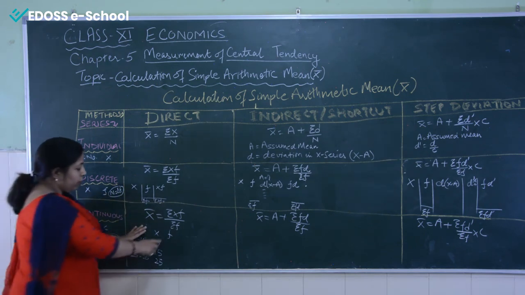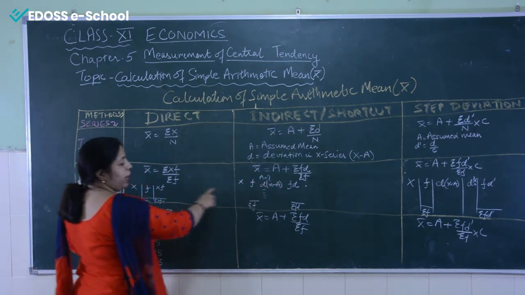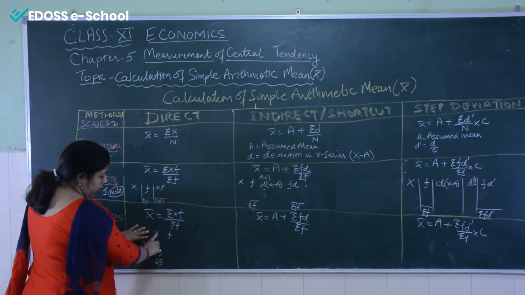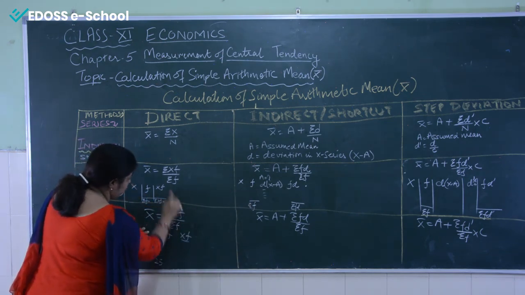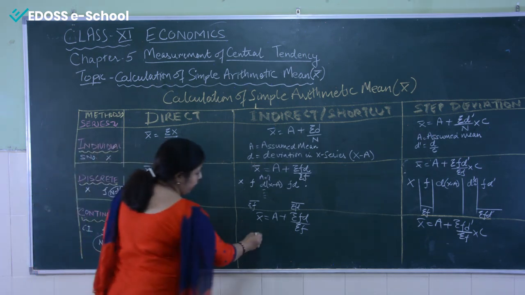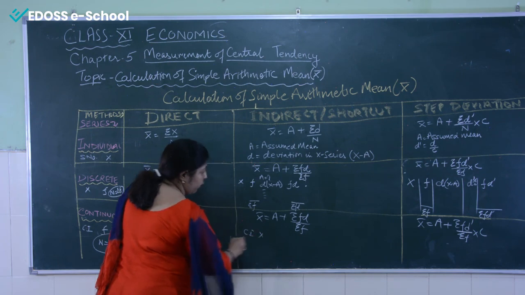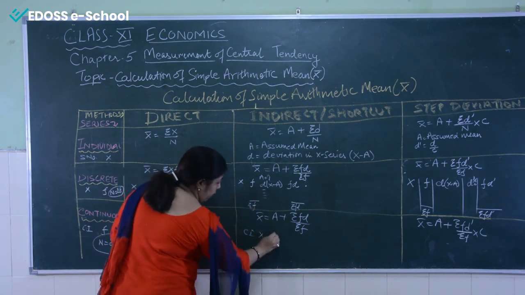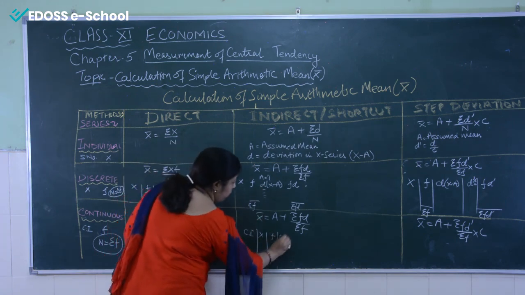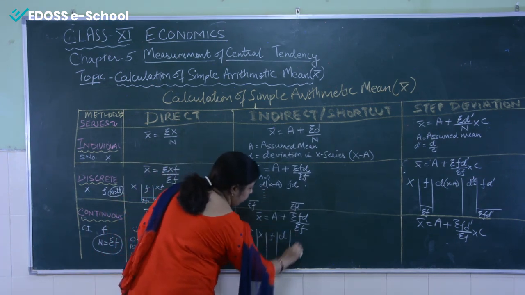So now whatever formula and method we applied for discrete series is going to be the same. Fine. See, x is there. We will calculate xf under this and we will solve it. What will we do here? Ci we will convert into x. Here f. These three columns, and then we will calculate d, and then we will calculate fd.